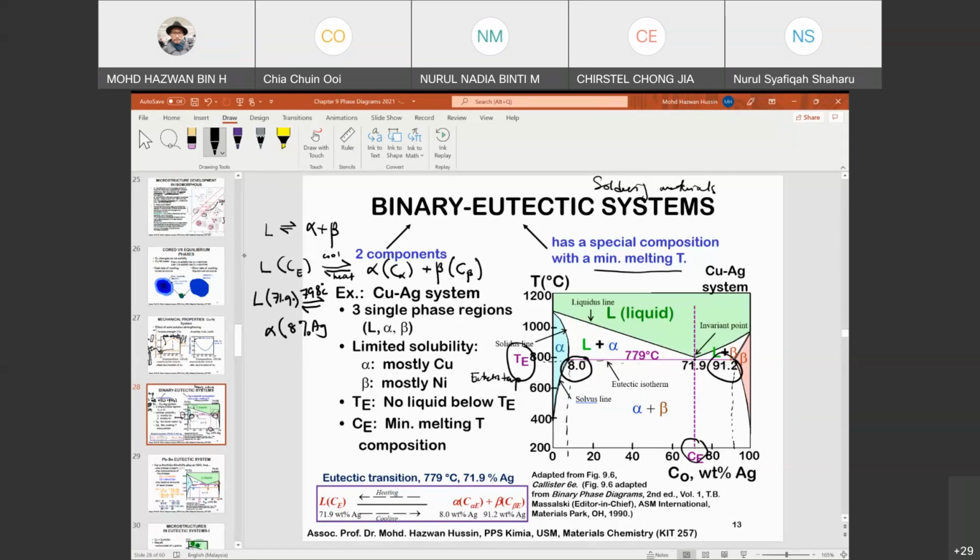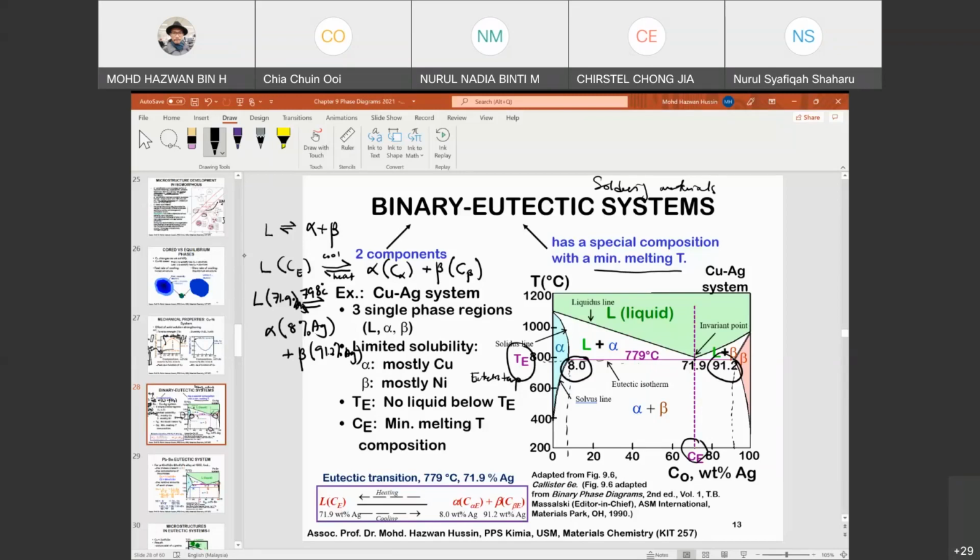Sorry, this one is 71.9% of silver, plus beta, which equals 91.2% of silver. Okay, so this is the representation of the binary eutectic reaction equation.